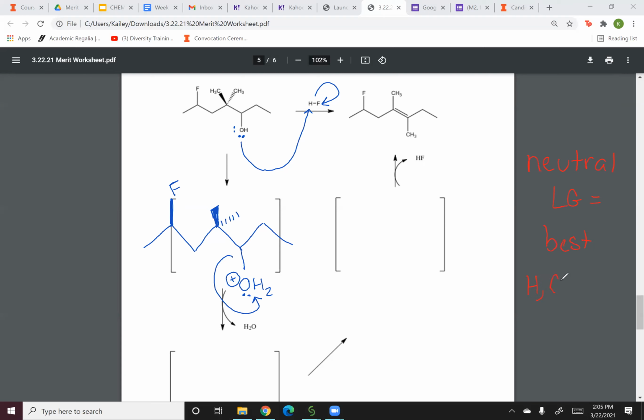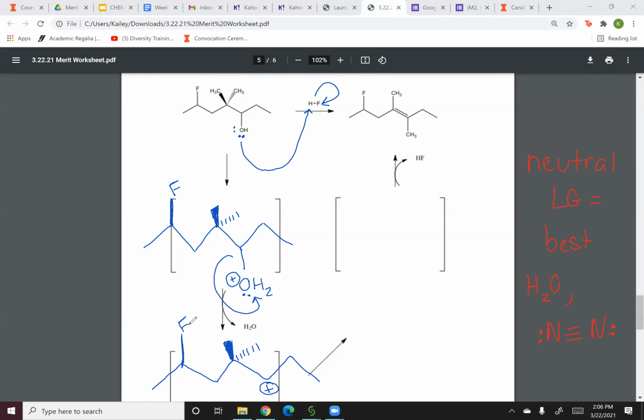So water, that was supposed to be a 2, not a comma. So water, N2, these are great, fantastic, phenomenal leaving groups. So we can go ahead and draw our structure once our leaving group leaves. Now we're going to have a carbocation at this position here, and we're going to see something like this.